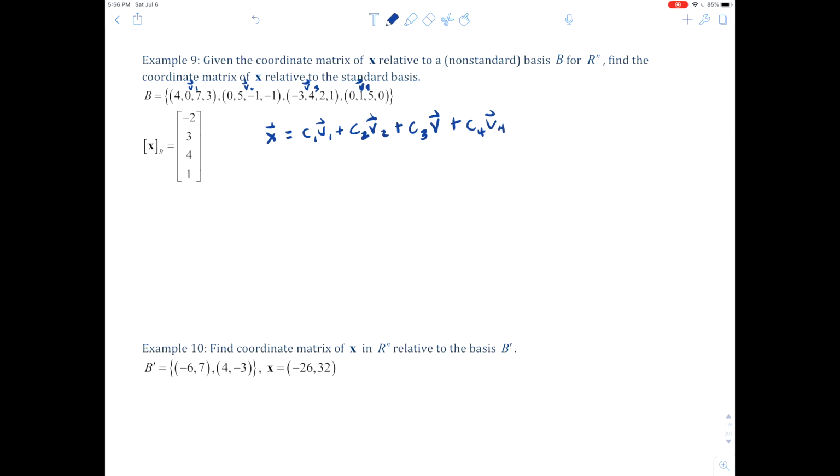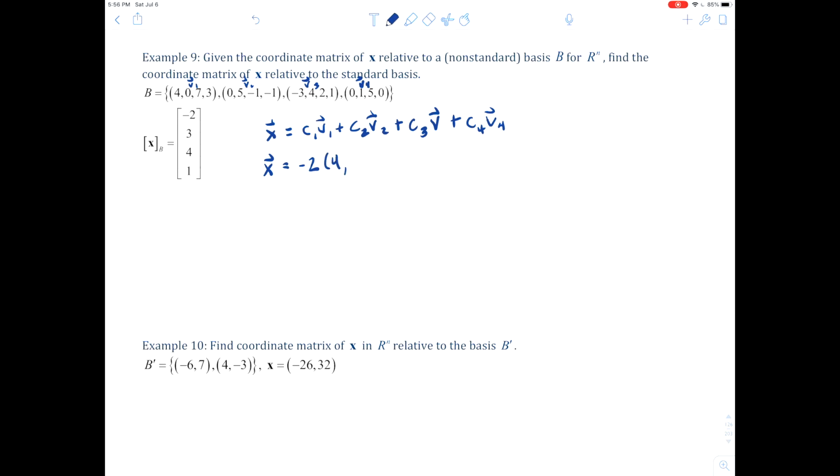Well, I already have my coordinate matrix relative to this non-standard basis B. So x would equal -2 times v1, which is (4, 0, 7, 3), plus 3 times (0, 5, -1, -1), plus 4 times (-3, 4, 2, 1), and then plus 1 times (0, 1, 5, 0).